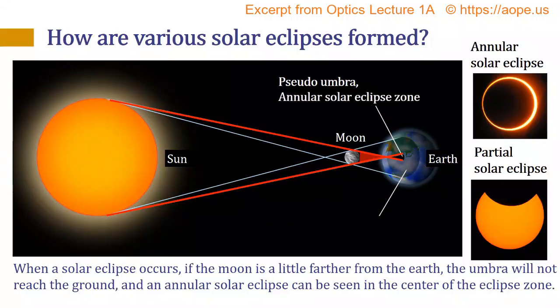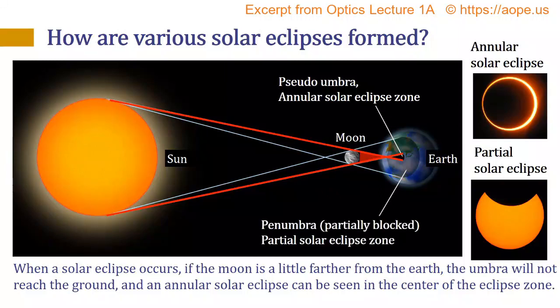Light from the periphery of the sun can reach this area. Therefore, people living in this area will see the outer edge of the sun. That is, perceive the sun in a ring shape. This is an annular solar eclipse.